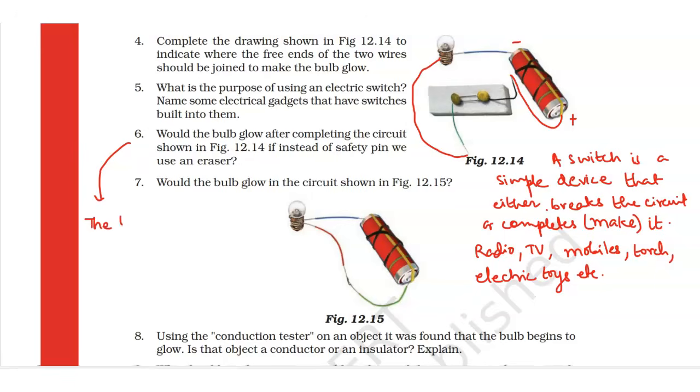The bulb won't glow as eraser is an insulator. Okay, so what will happen? Because we are using an insulator, what will happen?